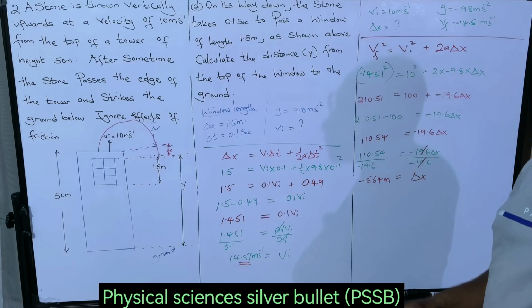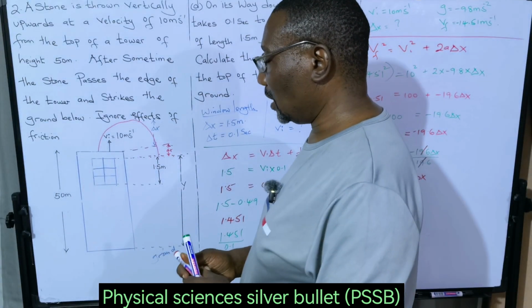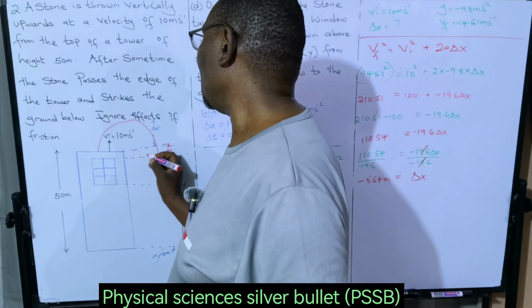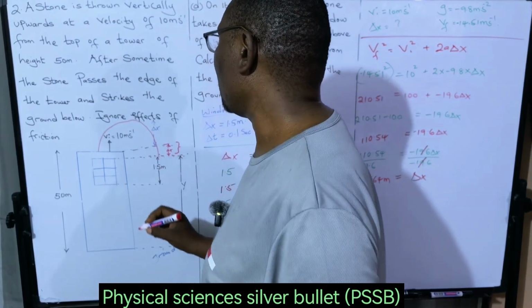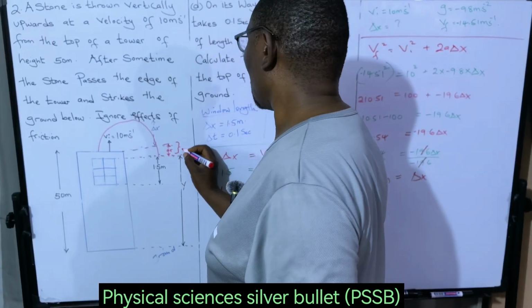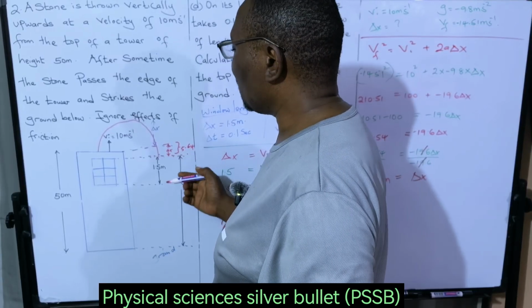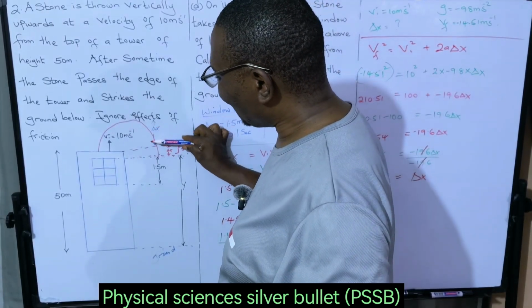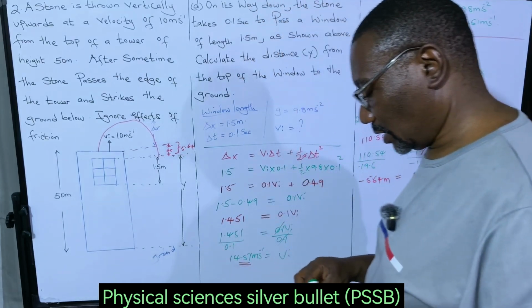Now, you need to know that from our sketch here, this displacement is 5.64. But we know that the entire length of the tower is 50.